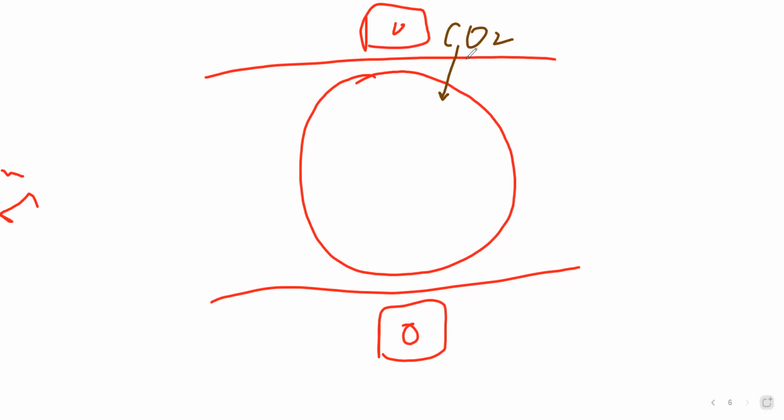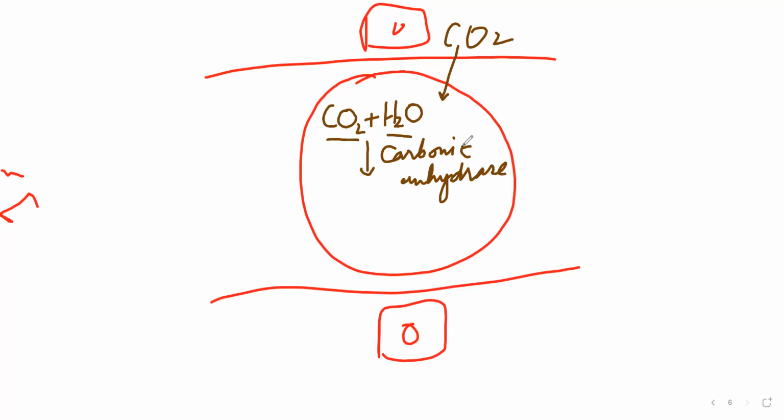One of the changes is that carbon dioxide reacts with water inside the red blood cell in the presence of an enzyme, and that enzyme's name is carbonic anhydrase. This carbonic anhydrase causes the carbon dioxide to react with water and form carbonic acid, H2CO3.